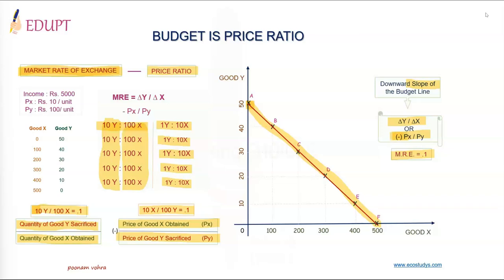Now there is a negative sign which indicates that if expenditure on one of the two goods is increased, the expenditure on the other has to be reduced so that the total expenditure remains within the limits of the consumer's money income. It is a straight line simply because the prices of the two goods and the income of the consumer remain the same.